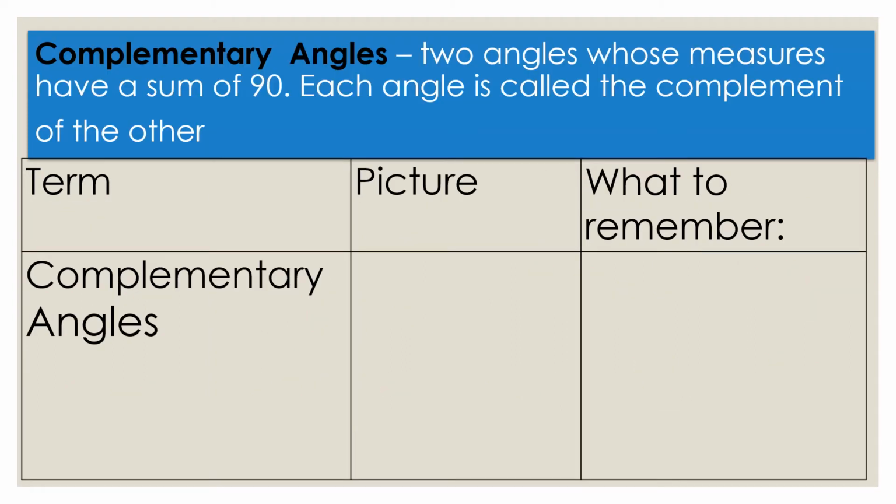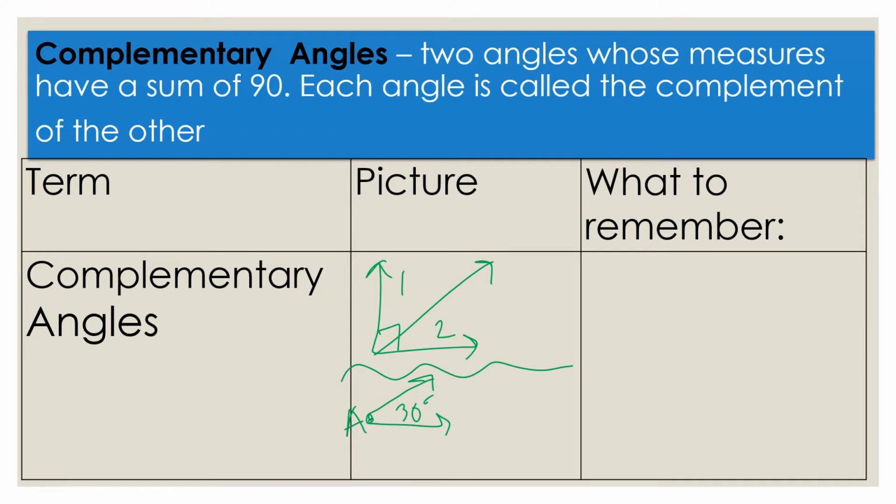Complementary angles are two angles whose measures have a sum of 90 degrees. Each angle is called the complement of the other. So if we were to draw a picture, we could have one angle here and one angle here, or we could have angle A here, and this would be 30 degrees.